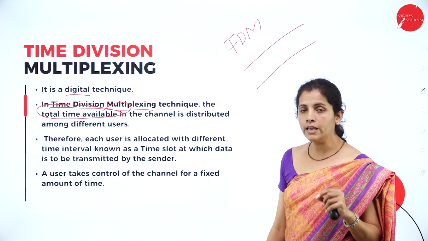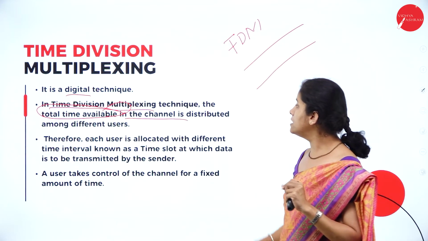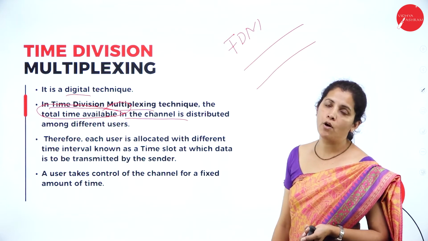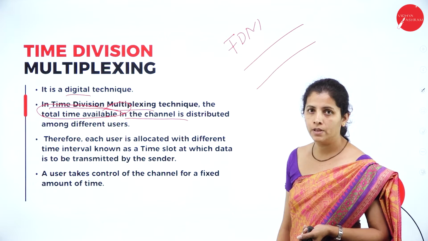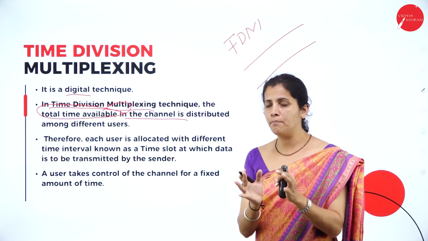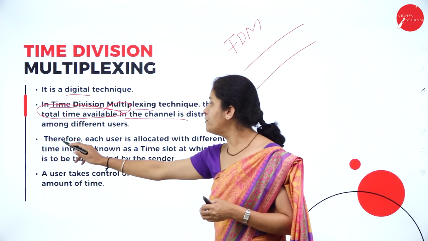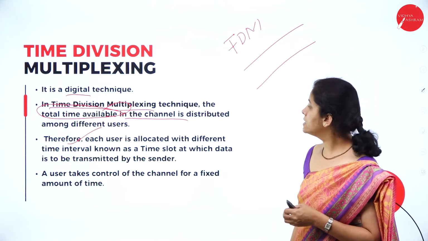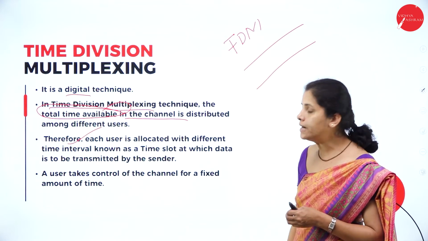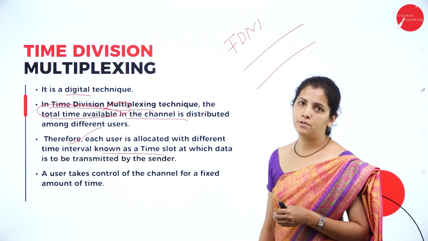I'm going to divide the available total time in the channel as distributed among different users. Okay, so whatever the frequency remains same. But what I'm going to divide here, I'm going to divide the time. Therefore, each user is allocated with different time intervals, known as time slot.